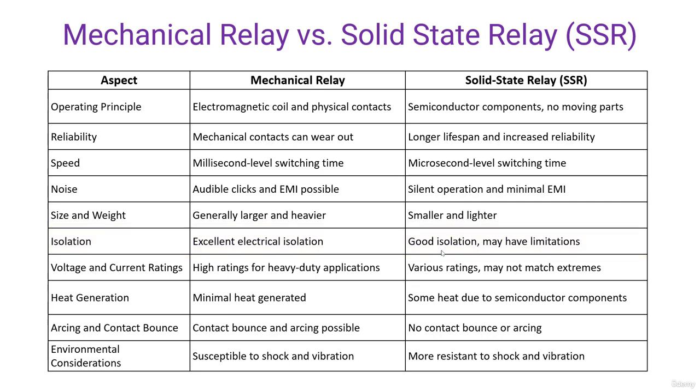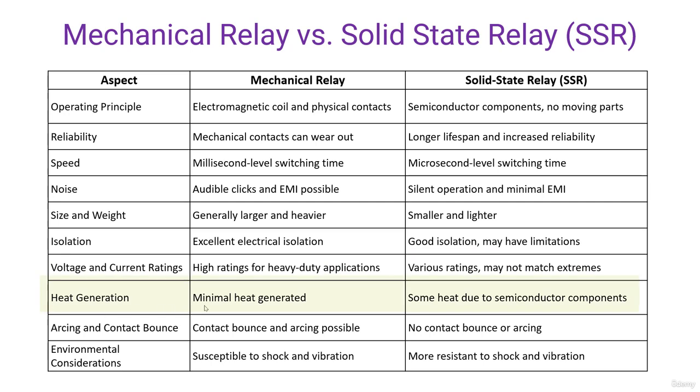Solid state relays are good but may have some limitations. About voltage and current rating, mechanical relays are applicable for heavy duty applications as well as low voltage applications. But SSRs may not match the extremes. They also have a high voltage rating, but not as high as mechanical relays.